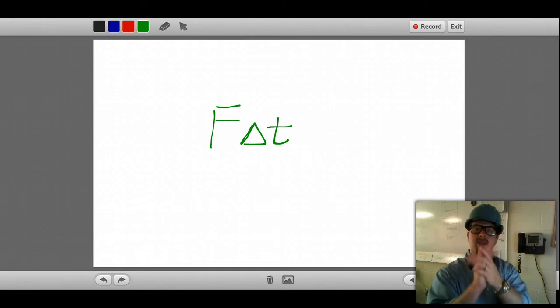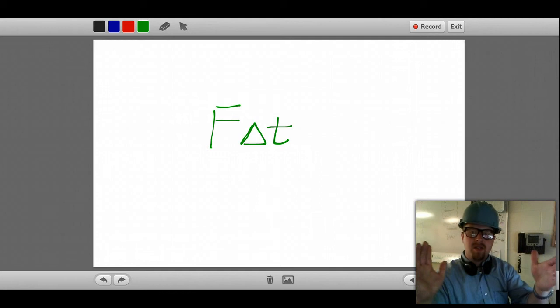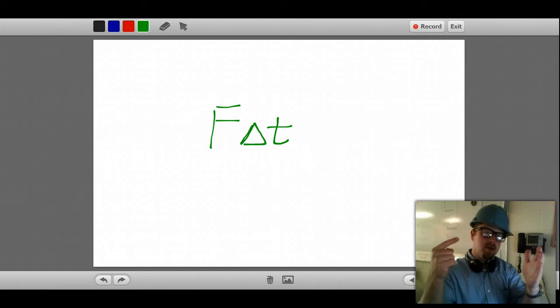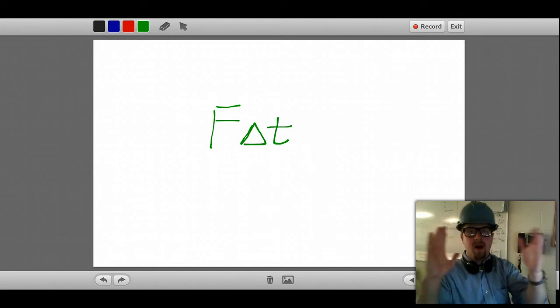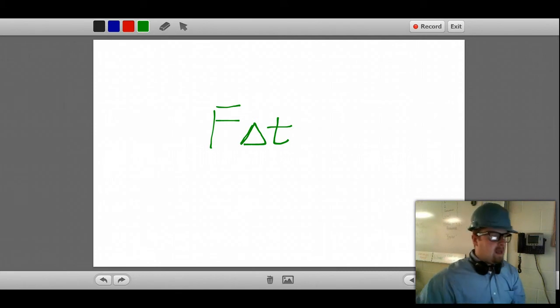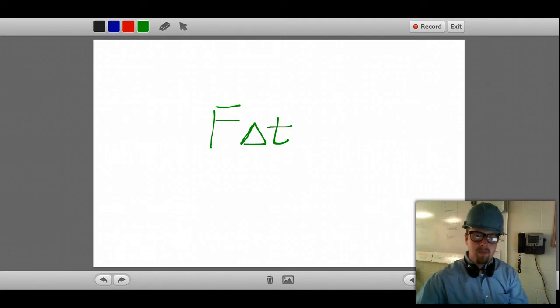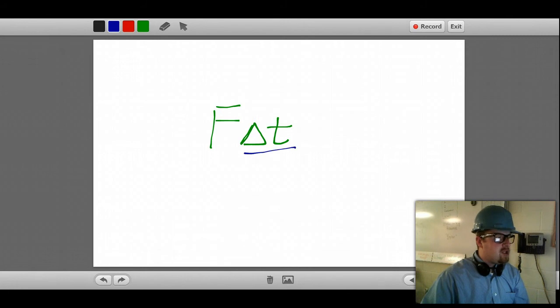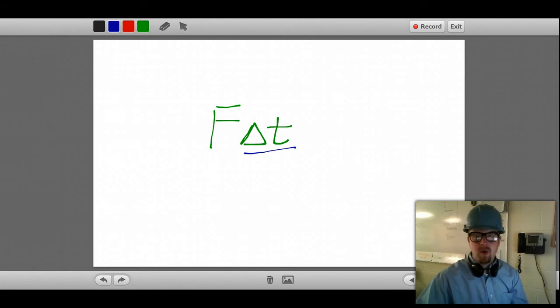And so because the hands come to a stop, there's a change in momentum, and it's as a result of this hand exerting a force on that hand and vice versa, and it happening in a very short period of time. Usually when we're looking at momentum and impulse problems, or the momentum impulse theorem, we look at time as being a very short quantity. And time being a very short quantity means oftentimes that the force is quite extreme.